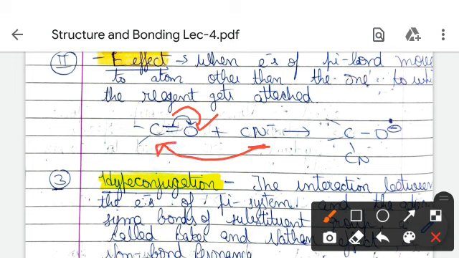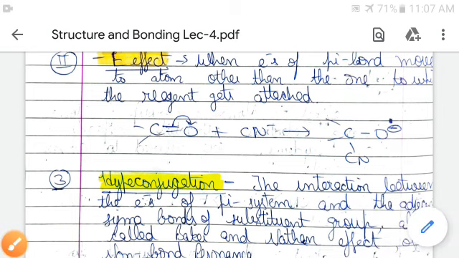So pi electrons moved towards the right direction, but cyanide gets attached to the left side carbon, so these are opposite to each other, so it is minus E effect. So electromagnetic effect is the movement of pi electrons. If the attacking reagent gets attached to that carbon atom towards which pi electrons were moved, then it is plus E effect. If the attacking reagent attacks the other carbon atom and electrons move in the opposite direction, then it is minus E effect. So we have shown this with examples.